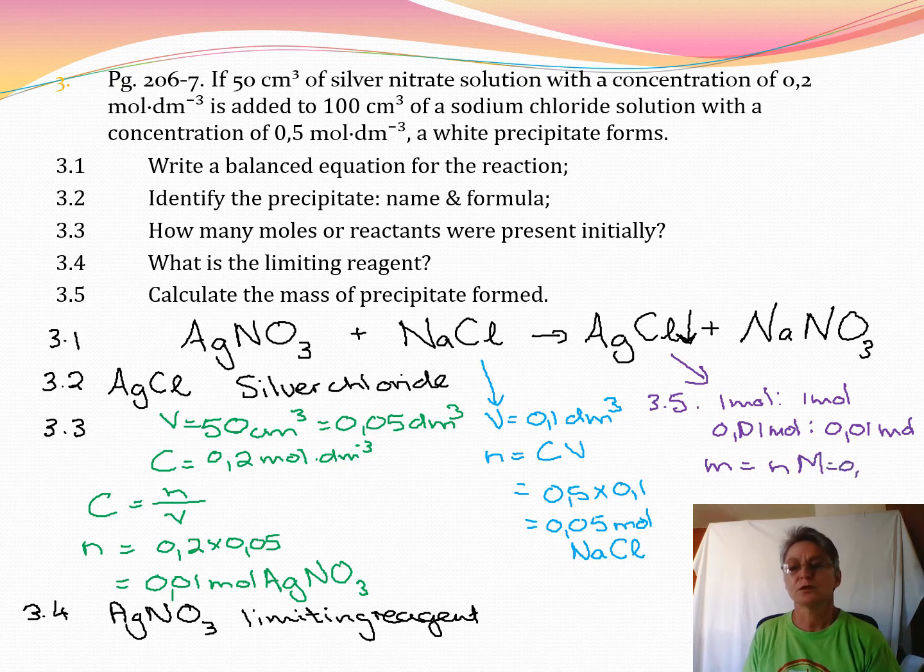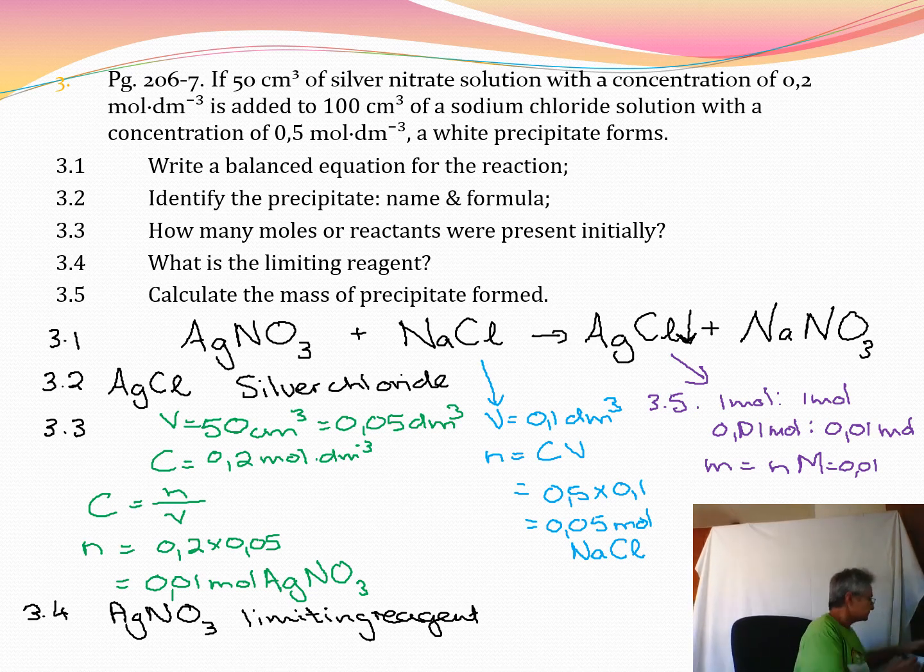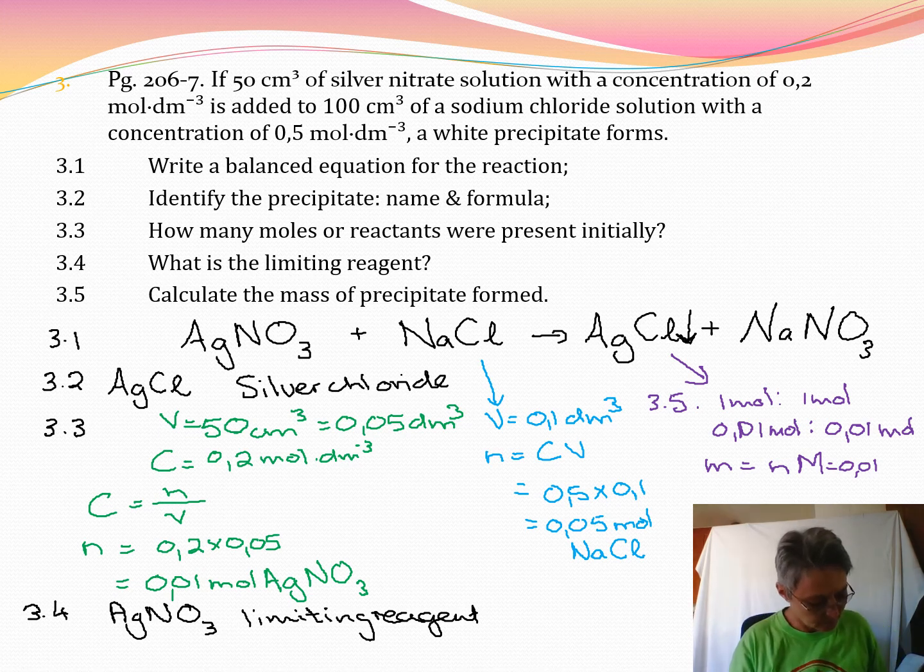So it's 0.01, and the molar mass for silver chloride is 35.5 plus 108, that's 143.5.